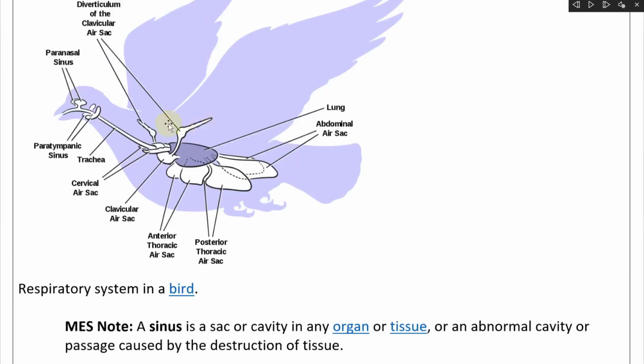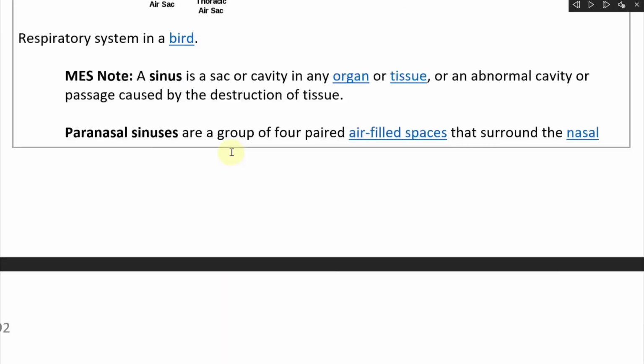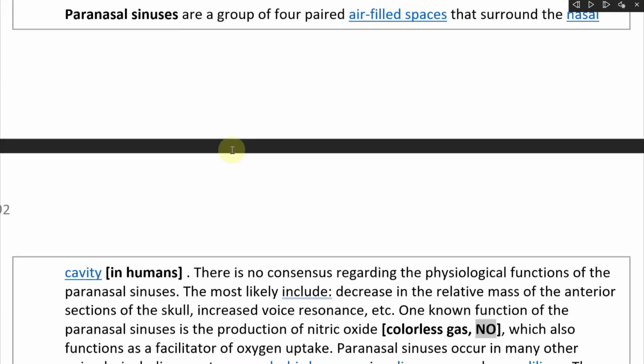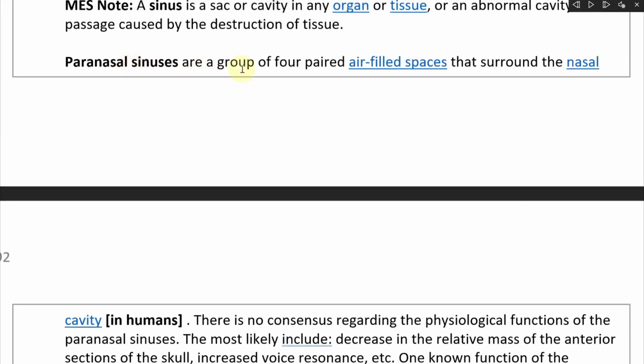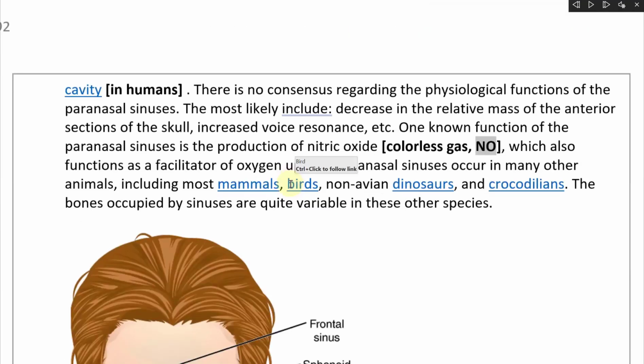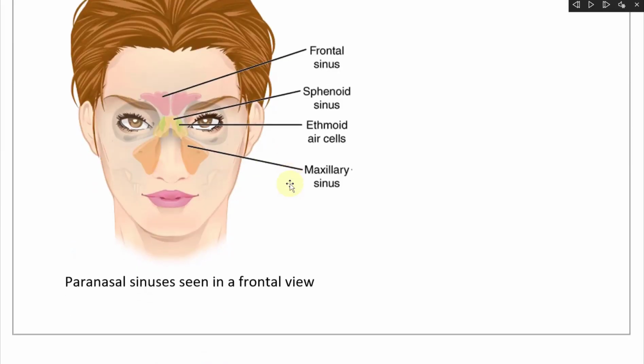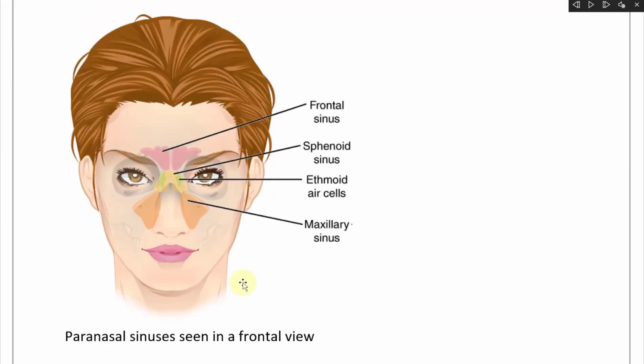Yeah, so in this one here, the paranasal sinus over there, that's set up. Here in humans, remember, it's 4 paired cavities. So paranasal sinuses are a group of 4 air-filled spaces. So 4, that would be 8 then. Yeah, 4 times 2. So here's the paranasal sinuses seen in a frontal view.